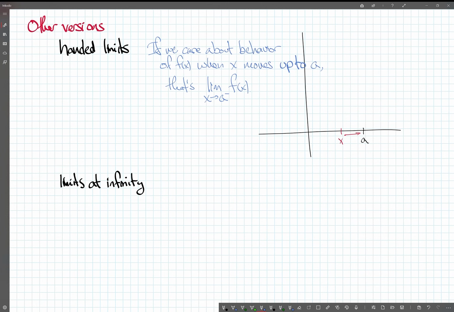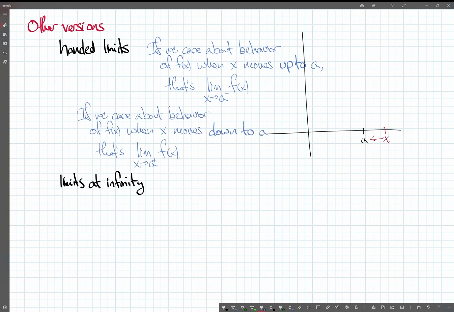If we're interested in the behavior of f when x moves up to a, that is to say moves towards a from the left, we call that the left-handed limit, and the notation for that is the limit as x goes to a, with a superscript minus sign on that a. Now you might get confused because it looks like we're moving towards the right, which is in the positive direction, but just remember we're interested in the values of x that are less than a, so they are to the left. We're moving from the left to the right.